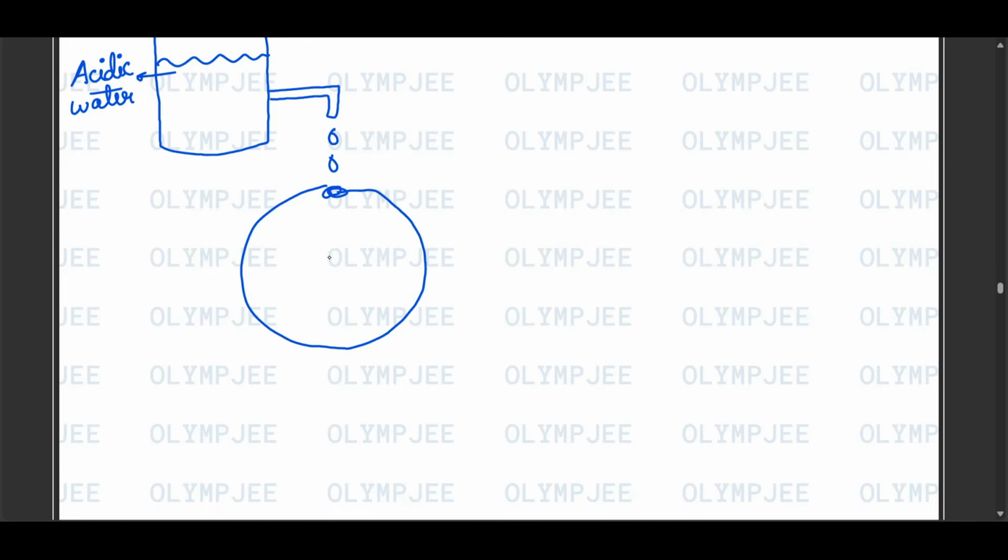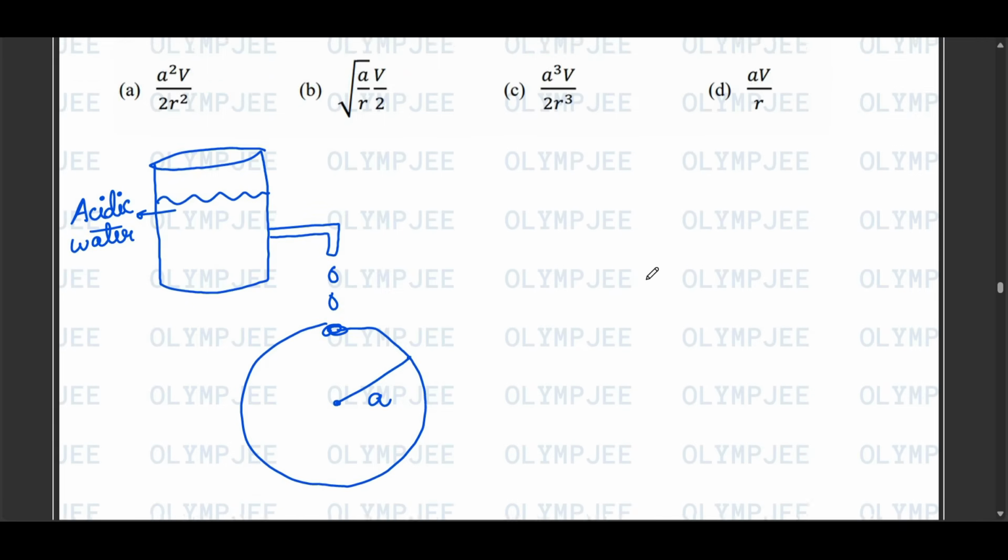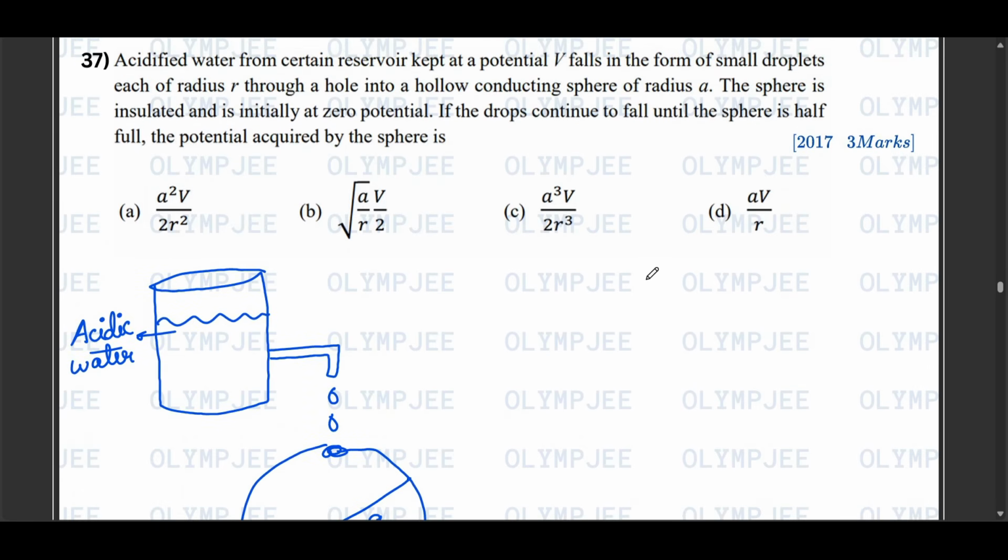Assume there is a small hole and the radius is a. So let us assume that the reservoir is kept at a potential V, right? So the potential of the reservoir is kept at V.